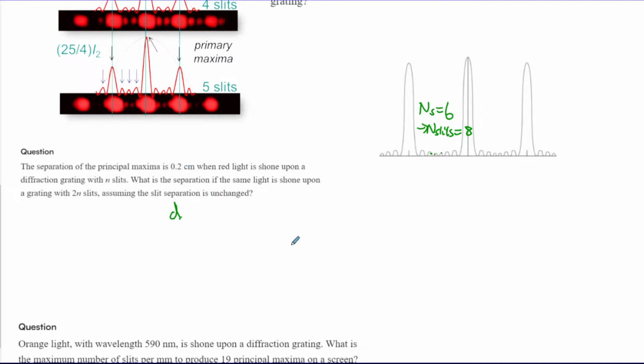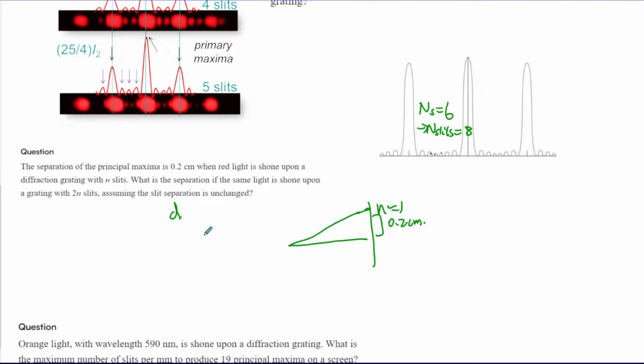if we draw a picture here, right? Let's say n equals 1, just keep things simple. Okay. That distance didn't change. That distance is 0.2 centimeters. Now the sine of the angle wouldn't change, right? Because you're shining more. Oh wait, but the slit separation didn't change.